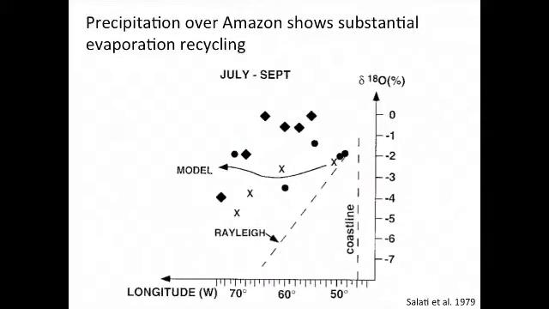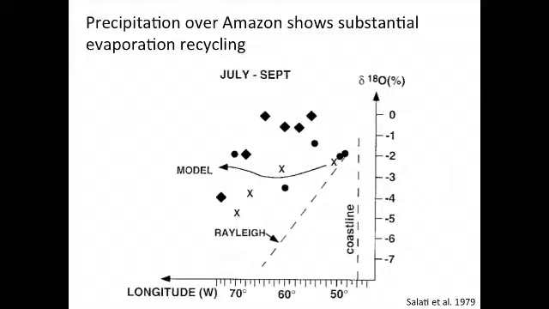So you'd expect, with no recycling of moisture from the land surface, that based on the mass balance of moisture in the air and precipitation, the precipitation across that longitudinal gradient would follow that ideal Rayleigh curve. But the measured values show a different story.